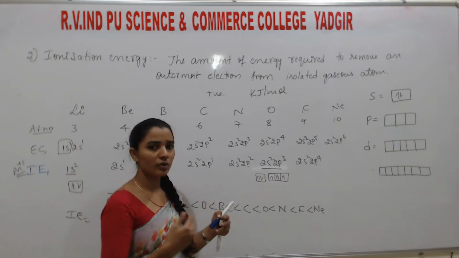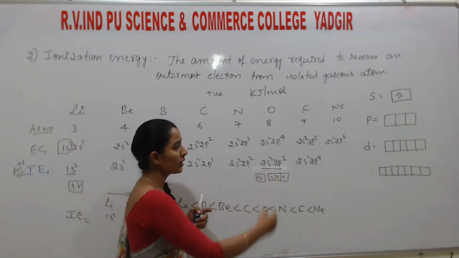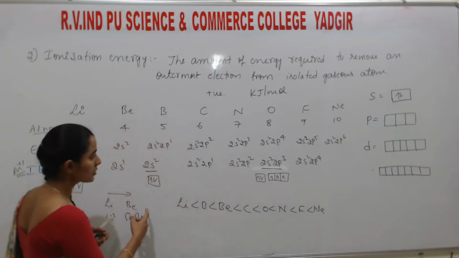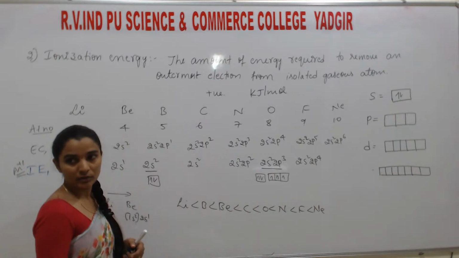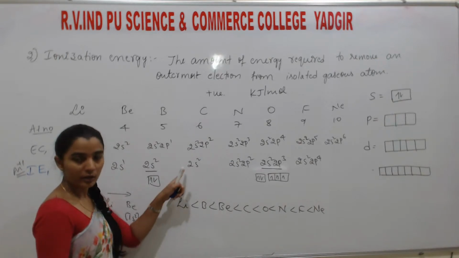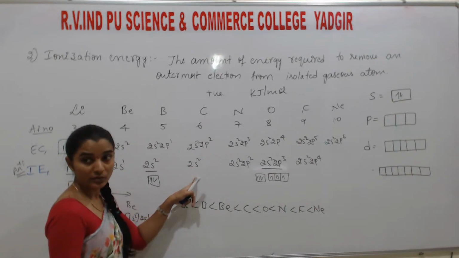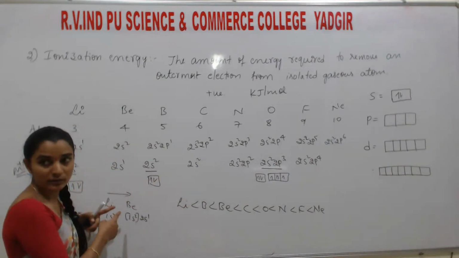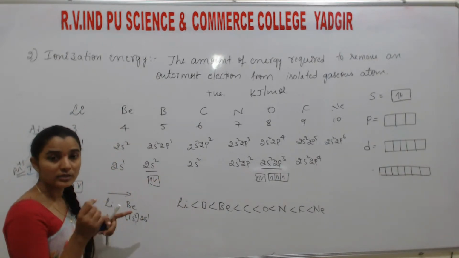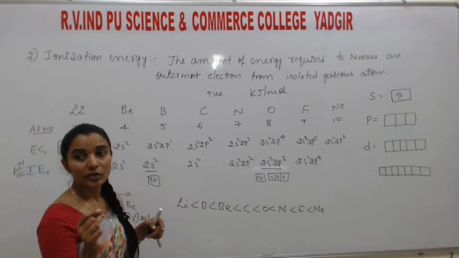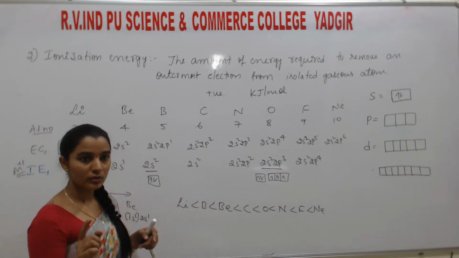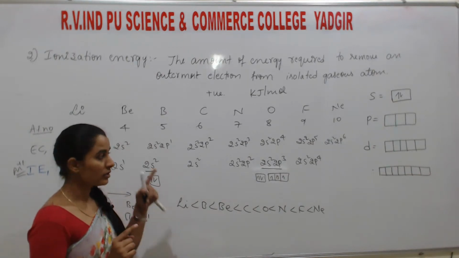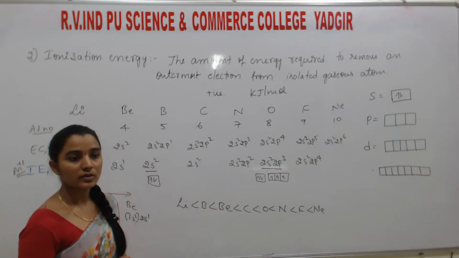Similarly for third, fourth, fifth, you can compare in the same way. Listen, if you consider the third ionization energy, this carbon becomes stable rather than this. That is the way to consider the ionization energies. Understood? Any doubt in this? So this is all about the ionization energy.